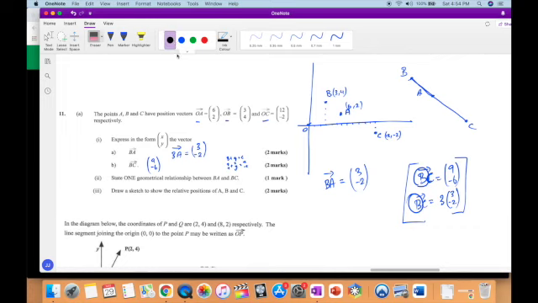So therefore, yes, they are parallel, but one geometric relationship between BA and BC, well, we could put the parallel. But I also think that you should put, and you could put the 2 of them just in case you think one is wrong, right? So they're parallel, and therefore A, B, and C are collinear.